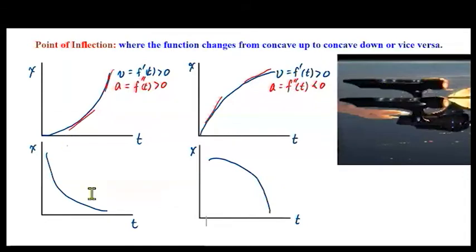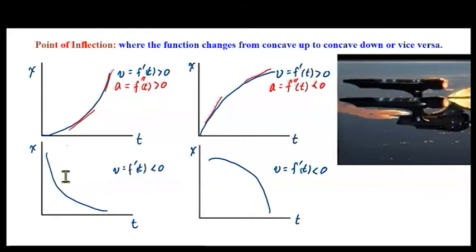You're coming towards the origin. So we can see in both of these cases, your velocity, which is the first derivative of our position function, is negative. That makes sense to you? Negative, because it's getting shallower, right?